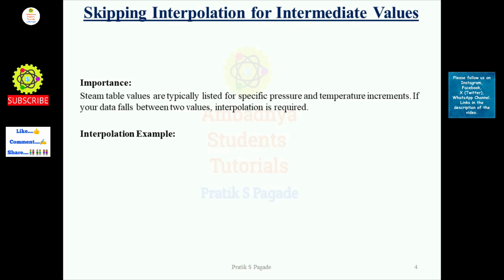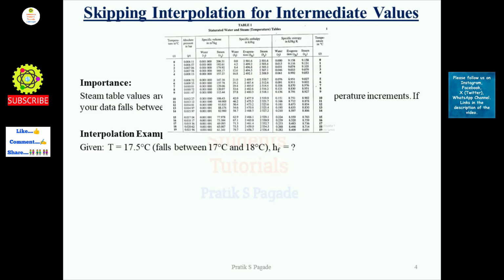Let's see an interpolation example now. Suppose temperature is 17.5 degrees Celsius, which falls between 17 degrees Celsius and 18 degrees Celsius. What is hf?